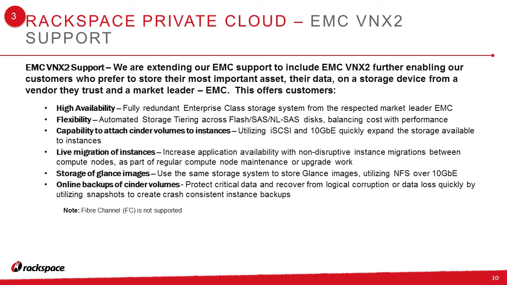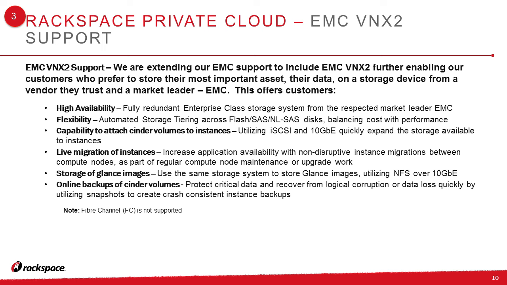So in this case, the VNX2 is a highly available, fully redundant mid-range storage array. It's very flexible. We can configure them in various different ways. We can enable things like storage tiering, which automatically moves data between different types of disks.